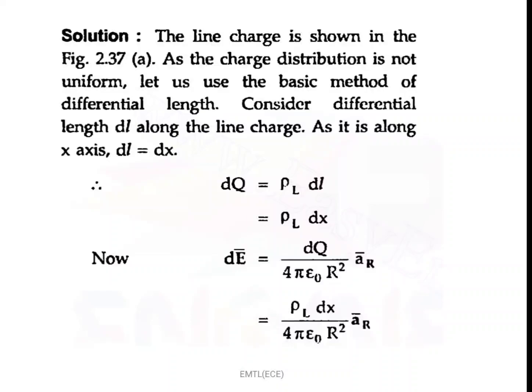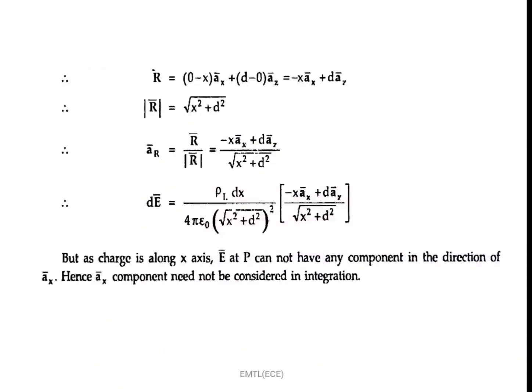Here dq formula is rho L dl. Now substitute dl as dx here. So dq value is equal to rho L dx. So we have to find the values of aR bar and r squared here. So the r vector: there are no coordinates along the y-axis, so we simply neglect the y coordinate.